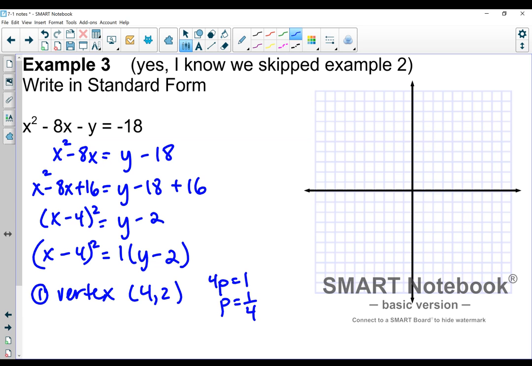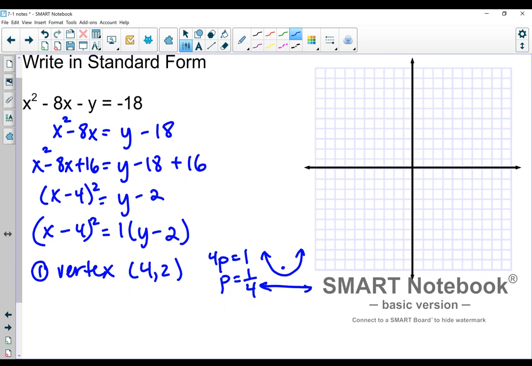So this is going to be a really difficult graph to do. The units are going to be really tight. The other thing I want to do is think about the shape. So I have y on the right and then x squared on the left. And p is positive, so it's going to open up. And my focus will be inside and my directrix is underneath. So I have a little idea of how it will look.